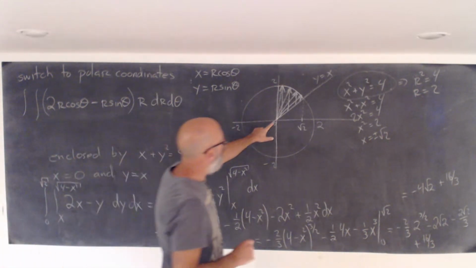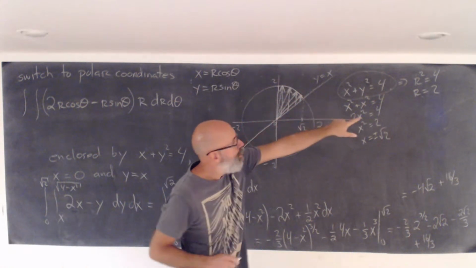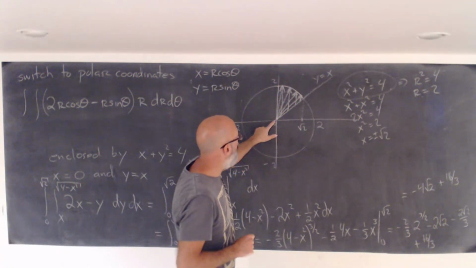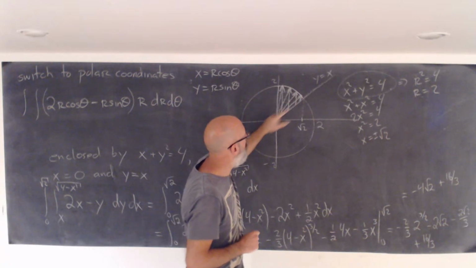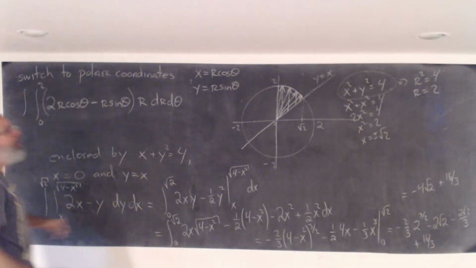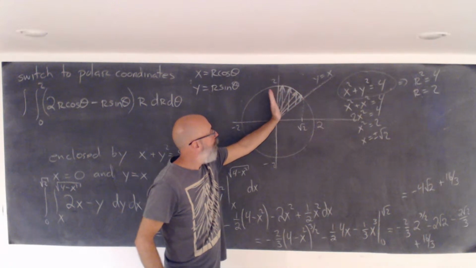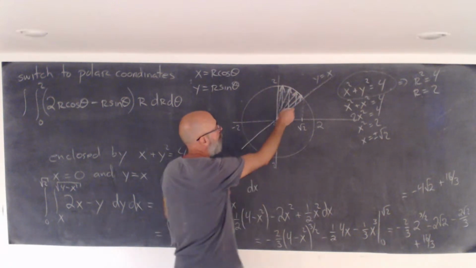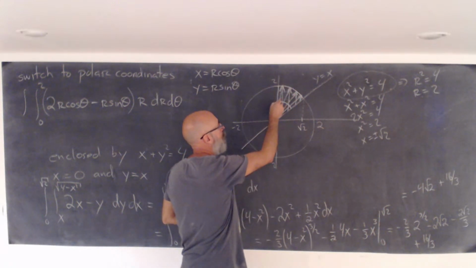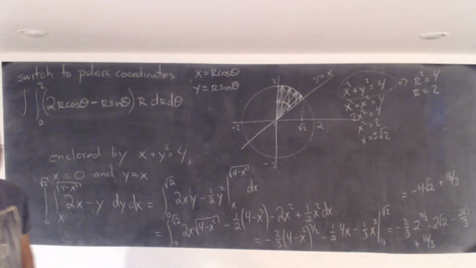So I think we've established that r goes from the origin to the circle. Circle has equation r equals 2. So r goes from 0 to 2. And then theta goes from here to there. Right? You know how theta is measured. Theta goes from here to there.